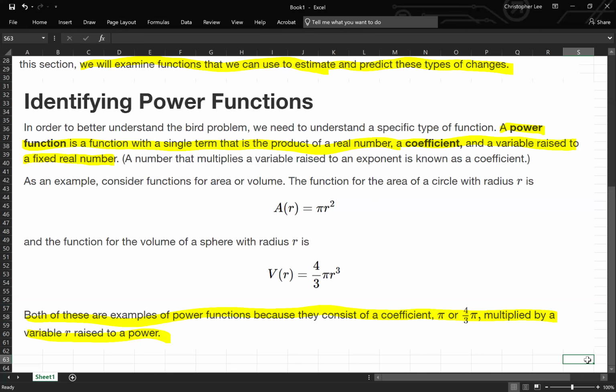Both of these are examples of power functions because they consist of a coefficient, so there's a number in front, pi, or 4/3 pi, multiplied by a variable r and then raised to a certain exponent power, right? So that's a power function.